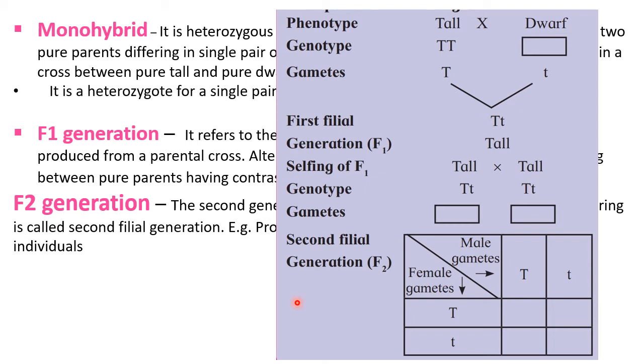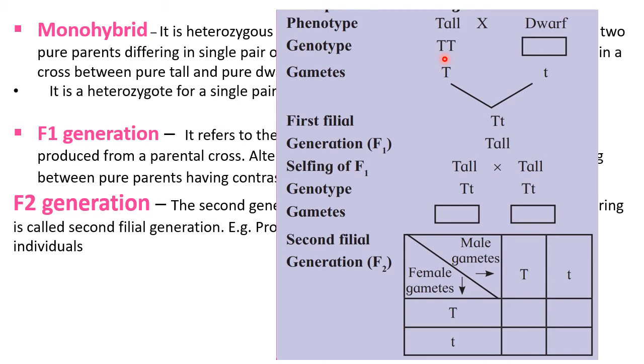In the chart we see at the top is phenotype. Phenotype means the external appearance of the individual or parents. One is tall and one is dwarf. So tall and dwarf are the parents, and having the genotype, you know that genotype is the genetic makeup of an individual.